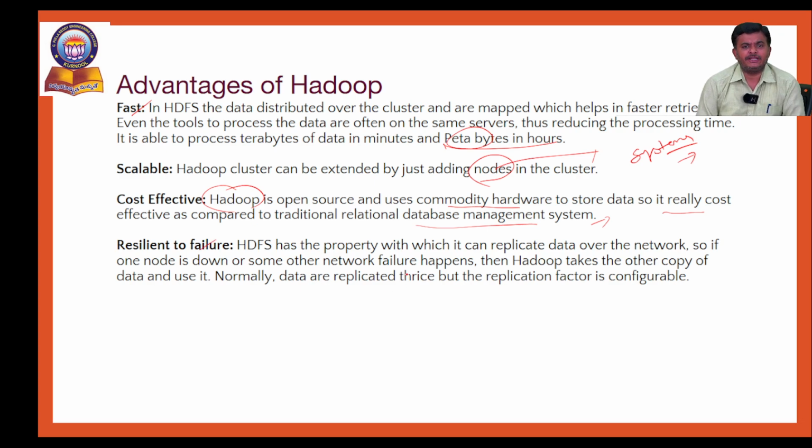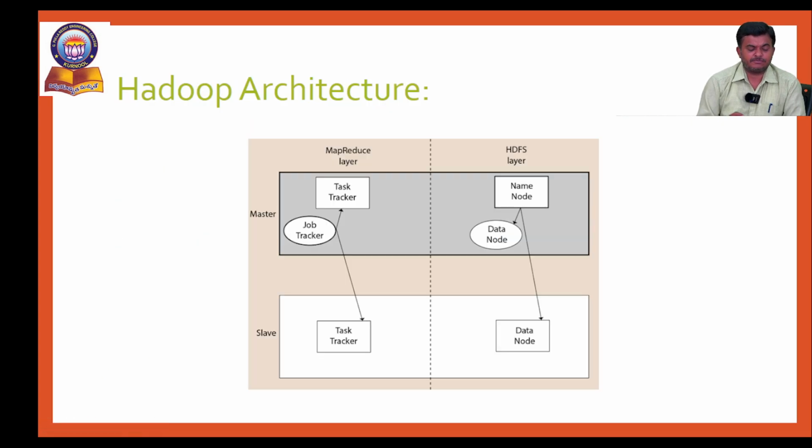HDFS has a property with which it can replicate data over the network. So if one node is down or some other network failure happens, then Hadoop takes the other copy of data and uses it. Normally our data is replicated thrice, but the replication factor is configurable. By default, it keeps 3 copies of data stored in different locations, but it is customizable. You can configure whatever number of copies you need using the configuration system.